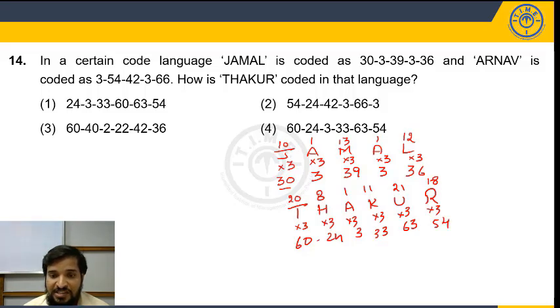So Thakur is coded as 60, 24, 3, 33, 63, 54. So which among the following options? That is choice 4. Now we'll see the next question.